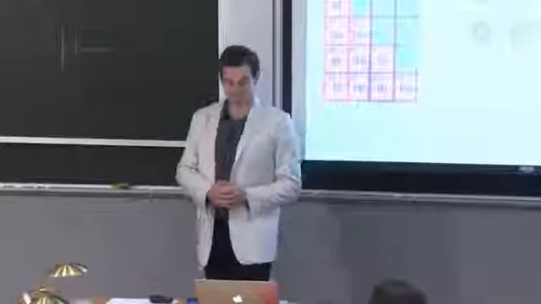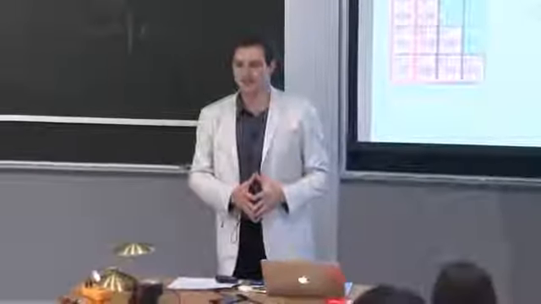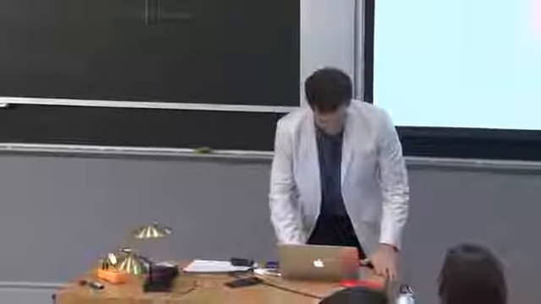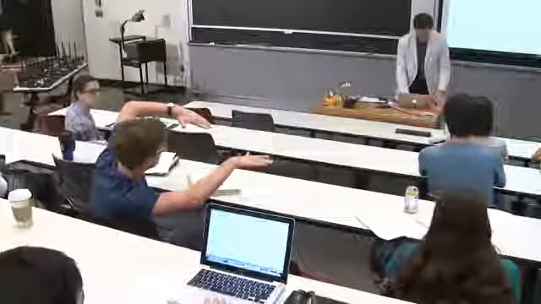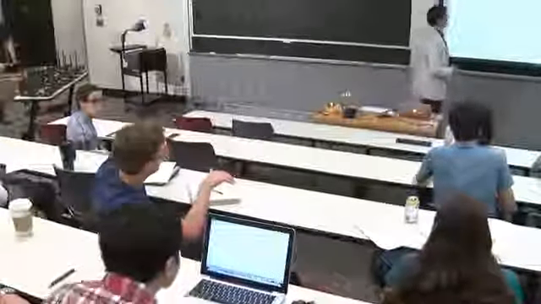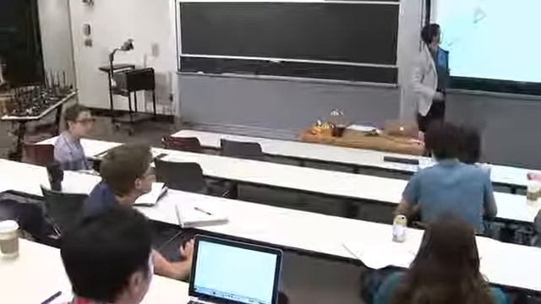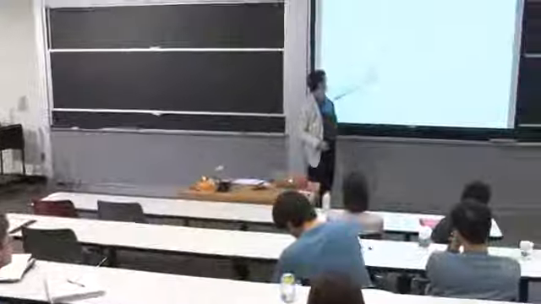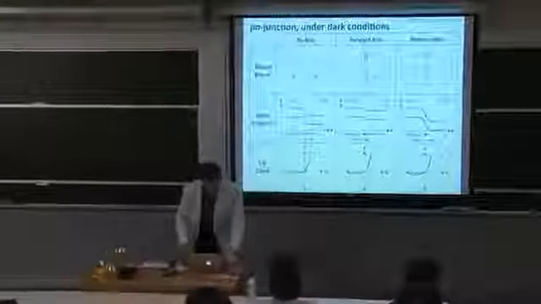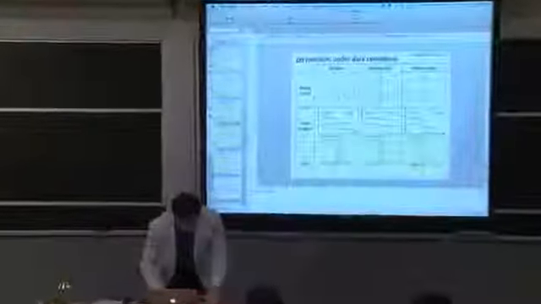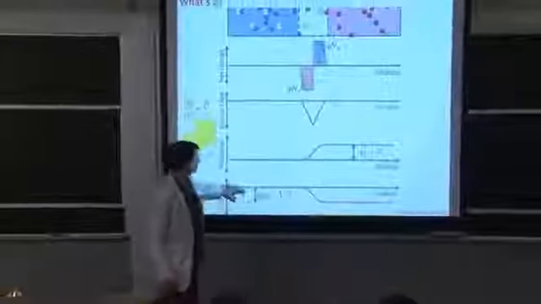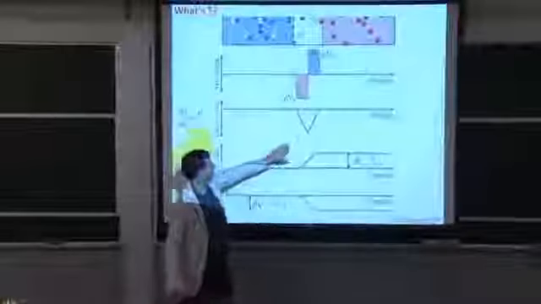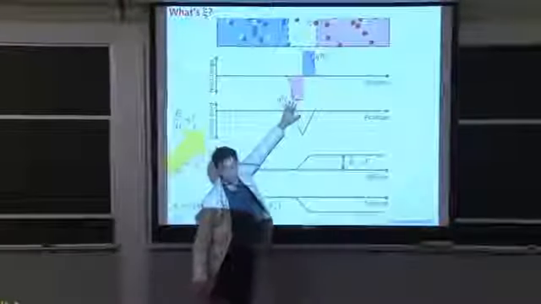Yeah, question? Under bias, in the band diagrams, are the P and N sides far away from the depletion region actually flat, or do they have a slope because of the applied field? The question was, far away from the space charge region, do these bands have a slope? My argument would be that if we go back to the way we derived this band diagram to begin with, it's predicated upon an electric field, which is predicated upon a charge distribution.